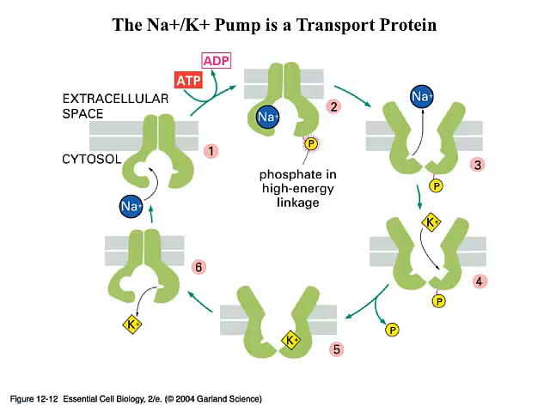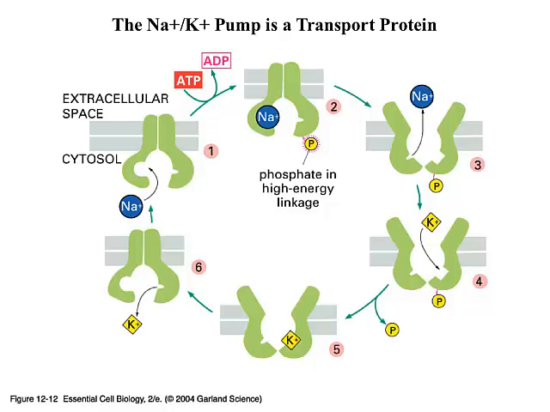So here are the steps in the activity of the pump. First, 3 sodiums bind. ATP phosphorylates the protein, which triggers a conformational change. The 3 sodiums are released. 2 potassiums bind. Once those 2 sites are occupied, another conformational change occurs when dephosphorylation of the transport protein occurs.